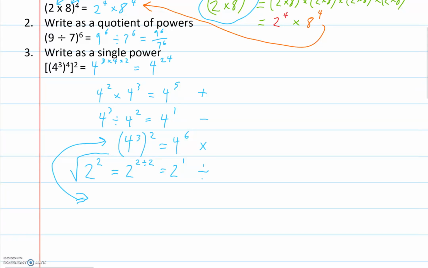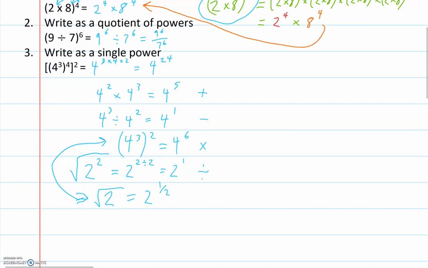But you can have any number. You could have a cube root, or a fourth root. Really, you can have any number. If you have a square root, this is the same thing as writing 2 to the 1/2.